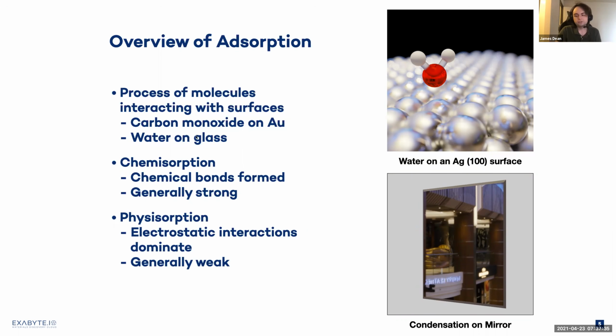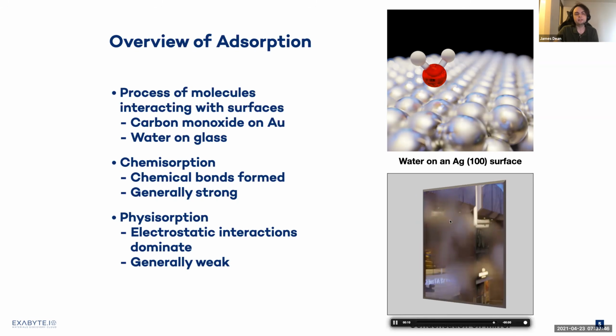And actually, if enough water adsorbs to the glass, it can end up condensing out into a new phase of water that's on the surface of the glass. This is caused by the adsorption of the water to the glass, leading to the formation of this new phase of water. So it's one of those things that's encountered in typical general life.